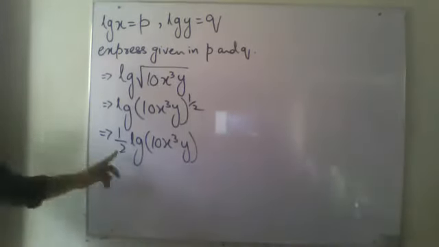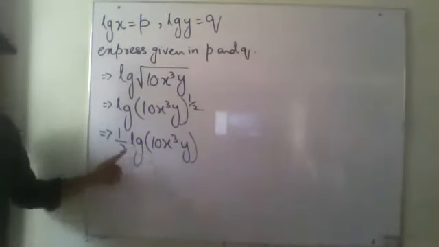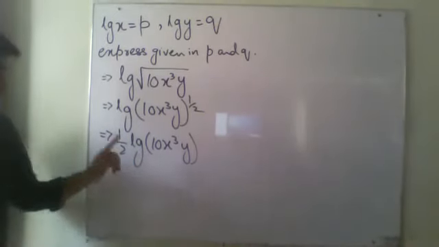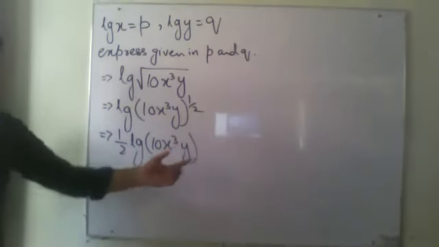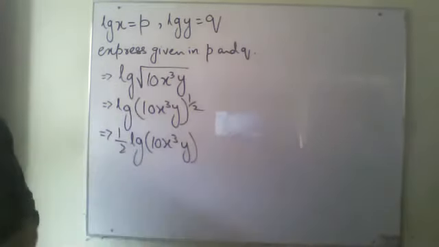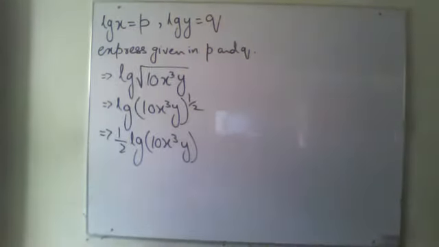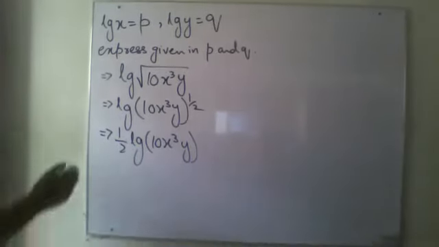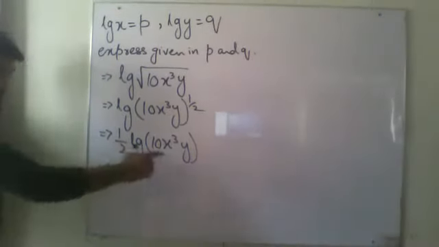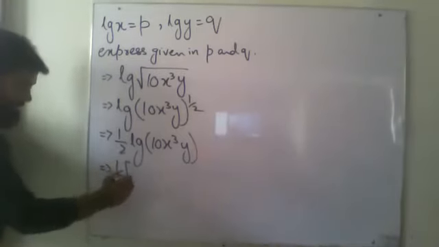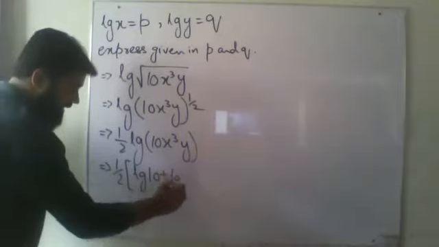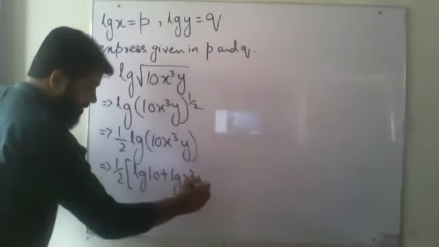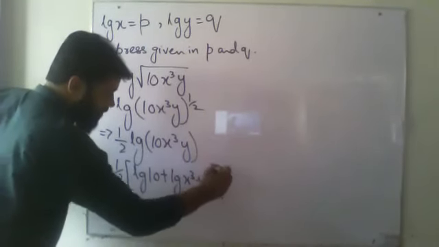Okay. Now this half is written with this log. So when I apply it, either I will apply it with half log with all of them, or I will write them separately, keeping half outside. How will I write it? If I apply log only, it will be written like this: half (log 10 plus log x cube plus log y).